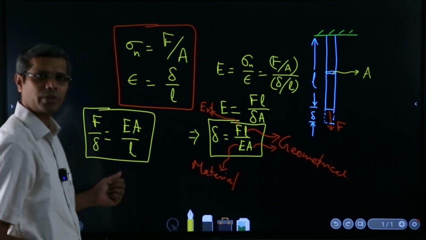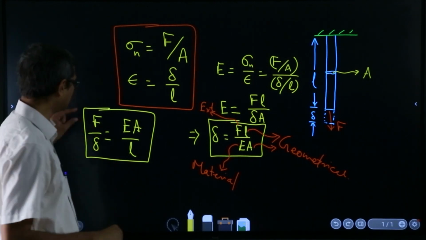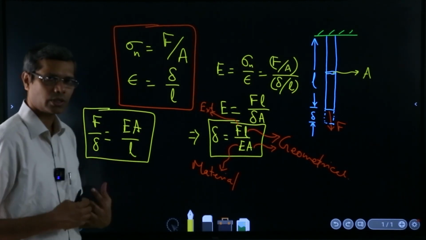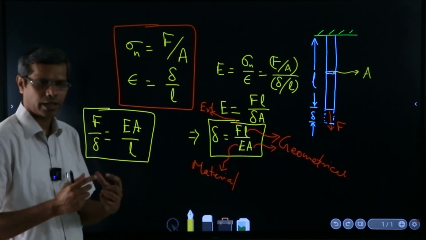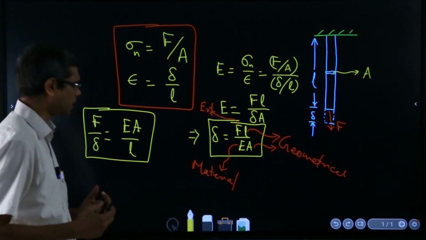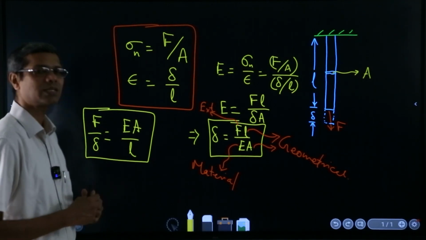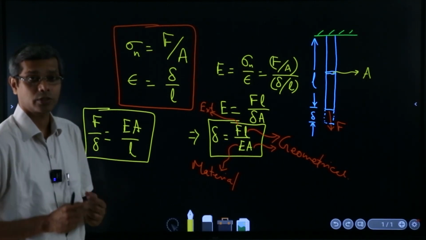Now, do you recognize this form? This is like the force that you require, or the effort that you need, for a unit elongation, F over delta. So it is like the stiffness of a spring.